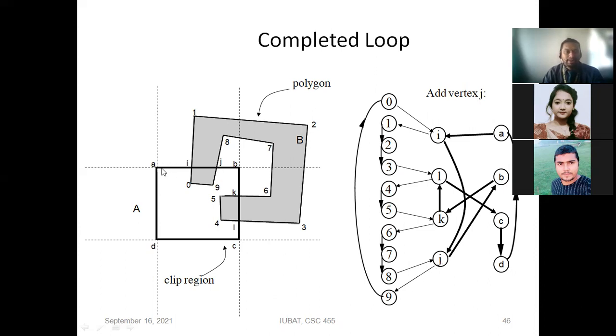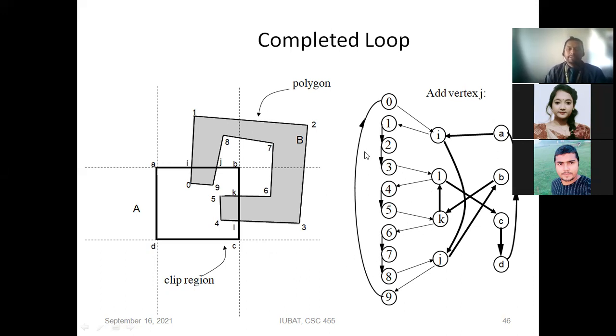For the window, it was A to I to B, now that I to B has been broken down to I to J, and J to B, and then B to K, K to L, L to C, C to D, and D to A. Now we have completely done the relationship between these two spaces, one the polygon, one the clipping region or clipping window, and in between their intersection points, we have completed the loop, right?